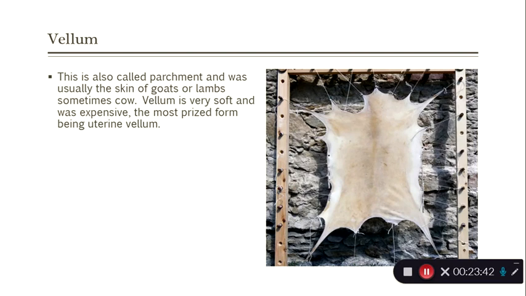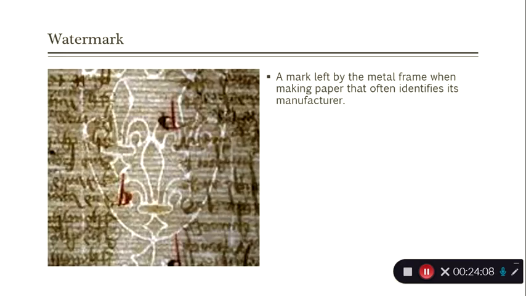This is a watermark. You see this is a mark. See that white mark? It's a mark left by the metal frame when paper is made that identifies its manufacturer. So you see those fleur-de-lis there? There are three fleur-de-lis that I see in a shield, and that would identify who made that paper.